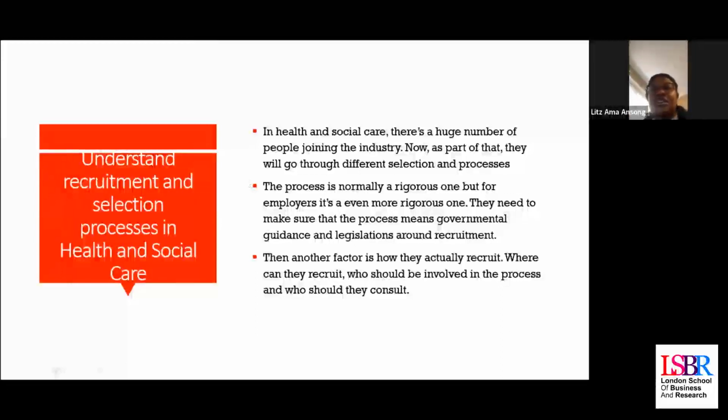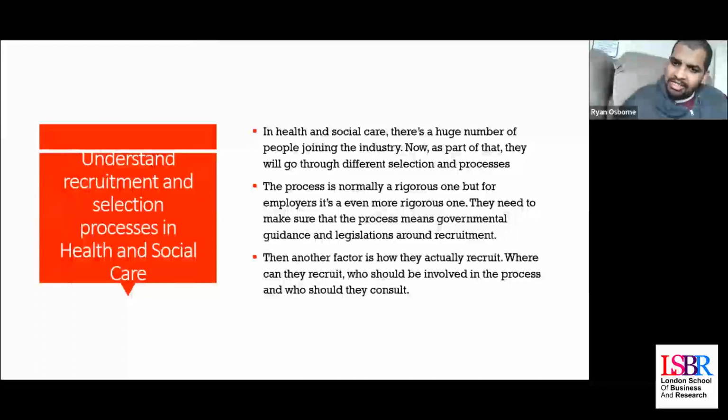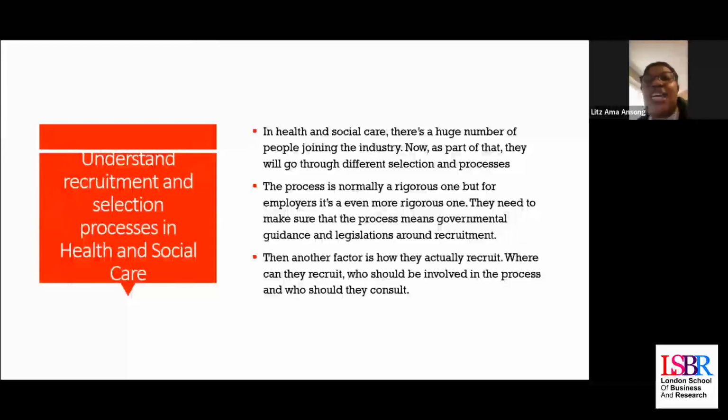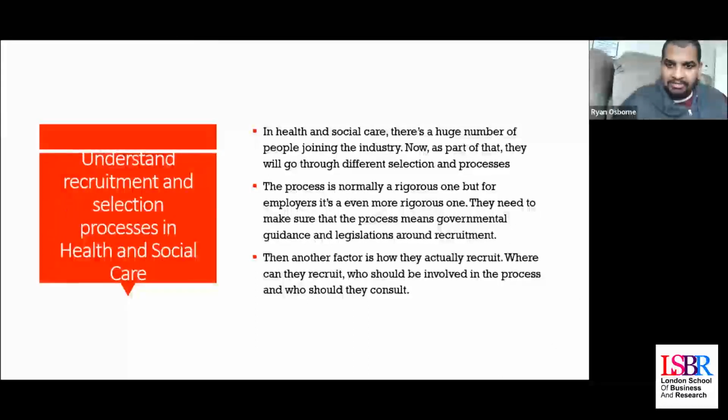Social workers. Not really, no. I said social workers. Social workers, yeah, that's a good one. So that's one job within the health and social care industry.